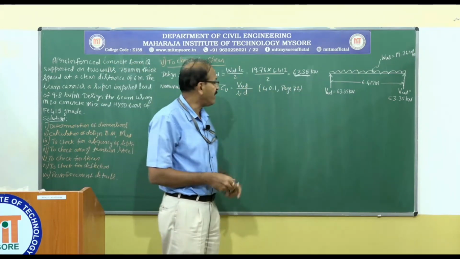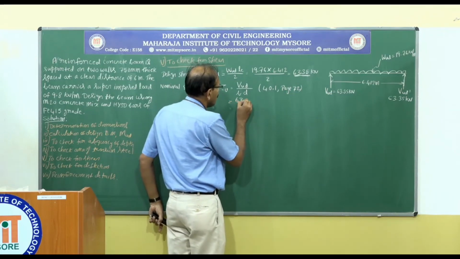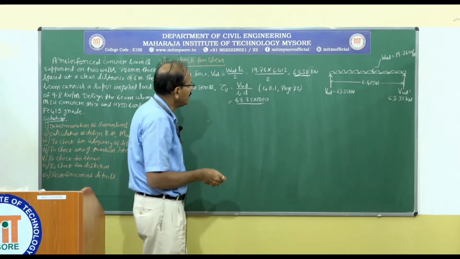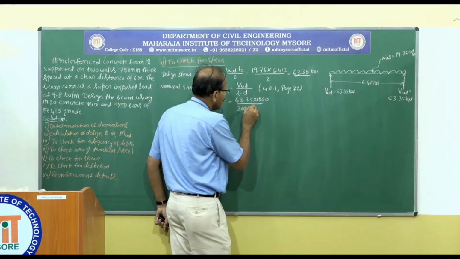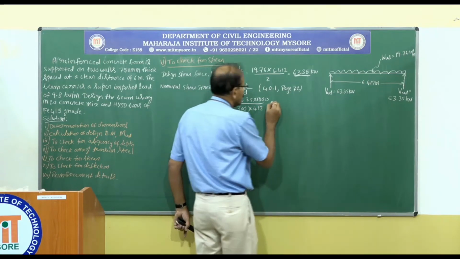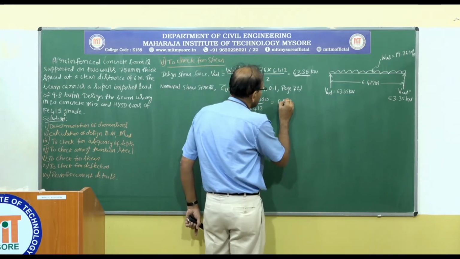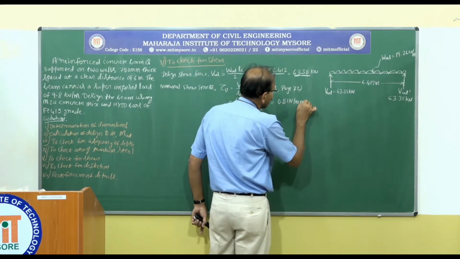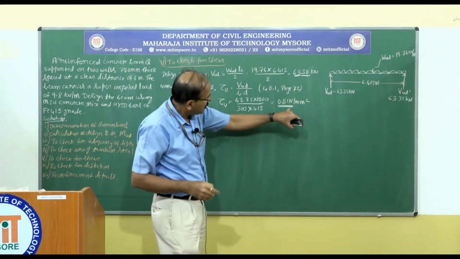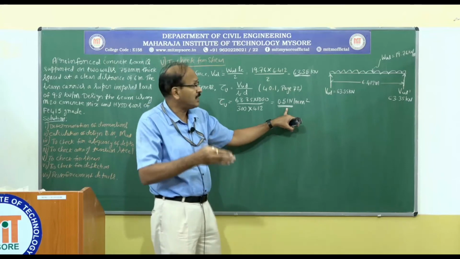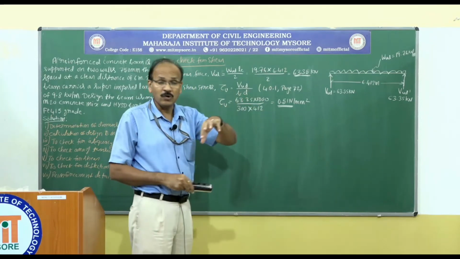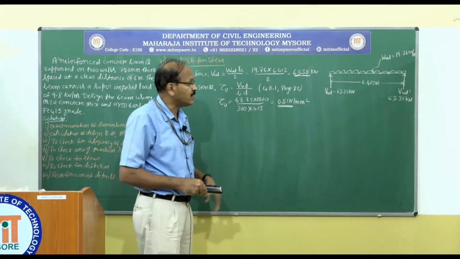It is 63.35 kilonewton multiplied by 1000, so that is going to be in Newton. B is the width of the beam, d is the effective depth, which is 412 millimeter. So that is equal to 0.51 Newton per millimeter square. So that is the shear stress developed at the section where we have the maximum shear due to the design load. So that is 0.51 Newton per millimeter square.